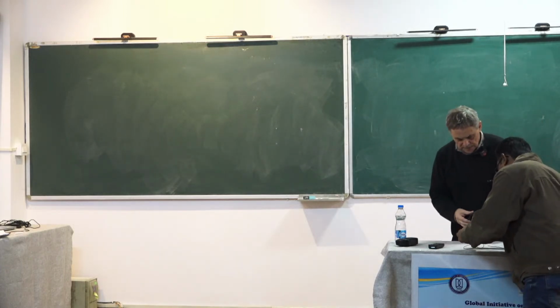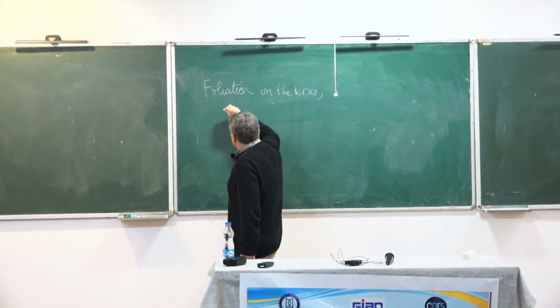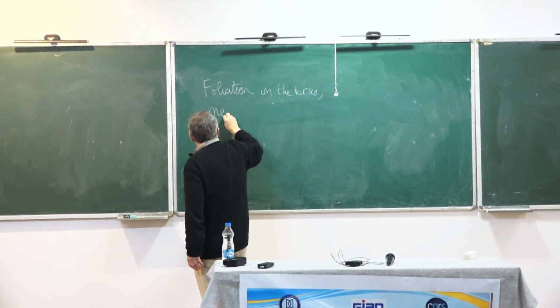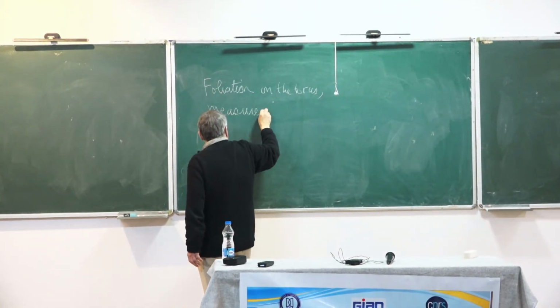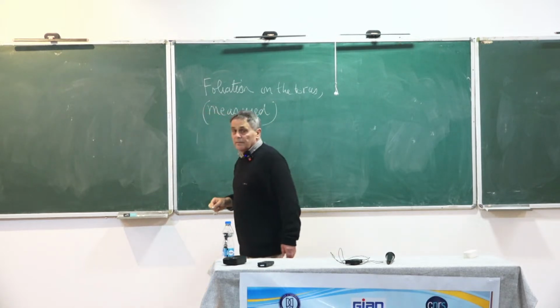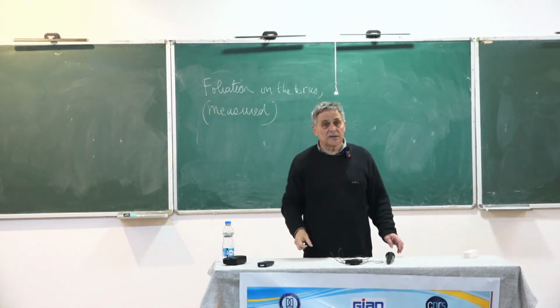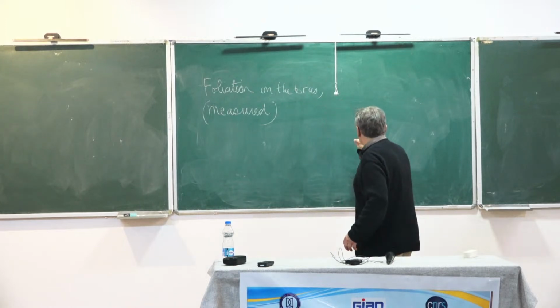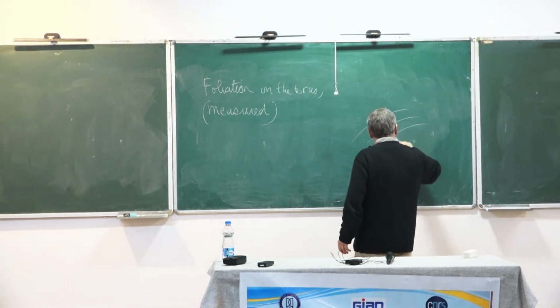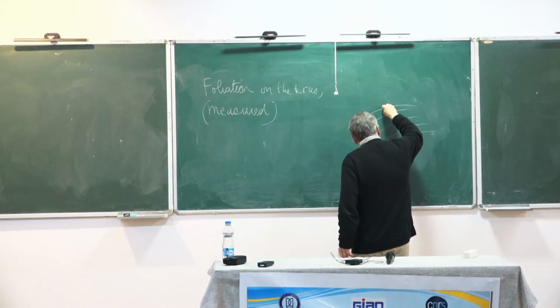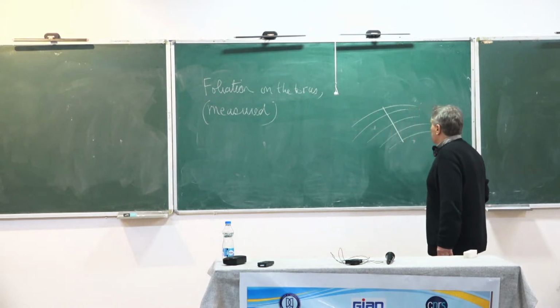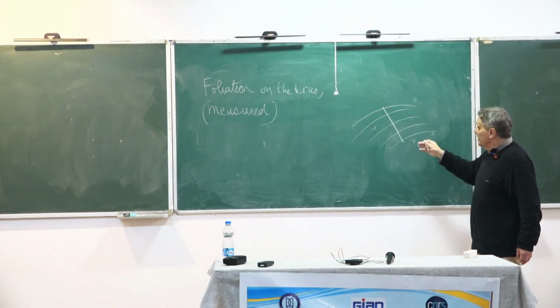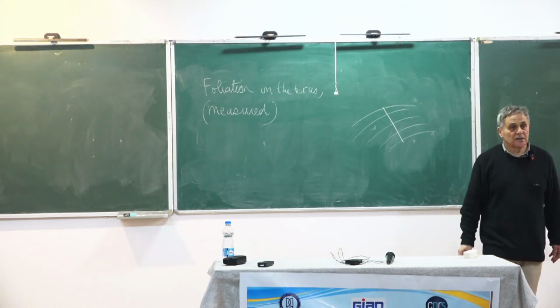This is a measured foliation on the torus. A foliation where, so this is my foliation, and I have a transverse. On each transverse segment, I have a measure, a Lebesgue measure.